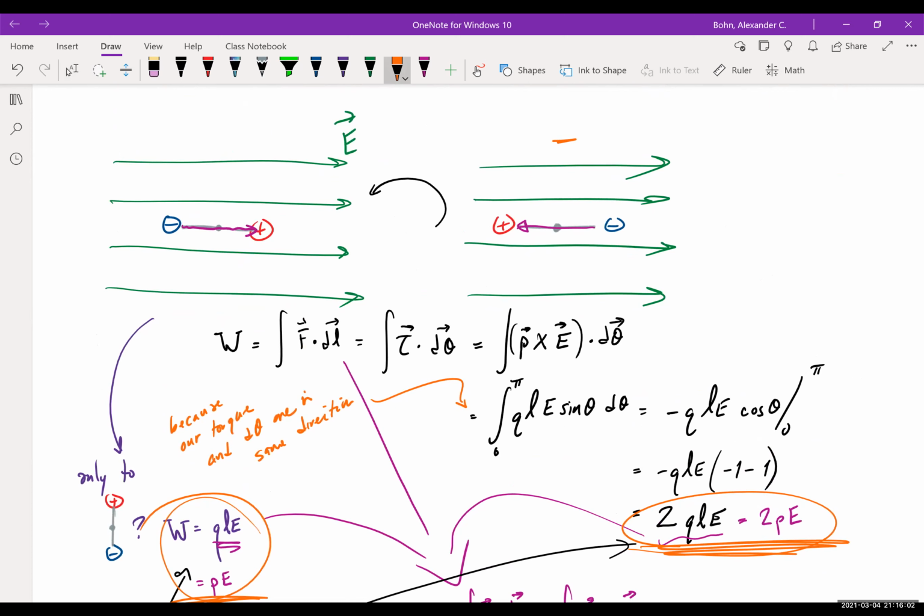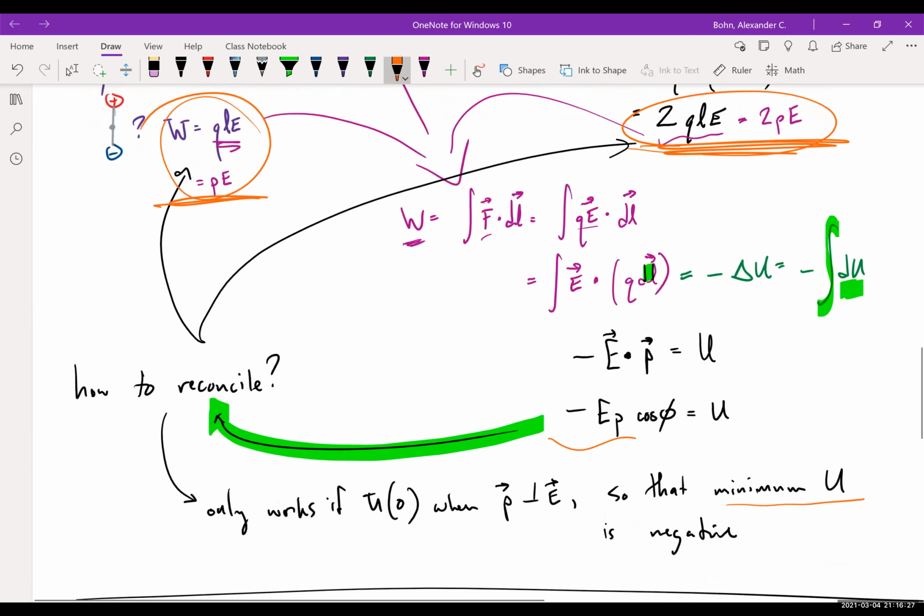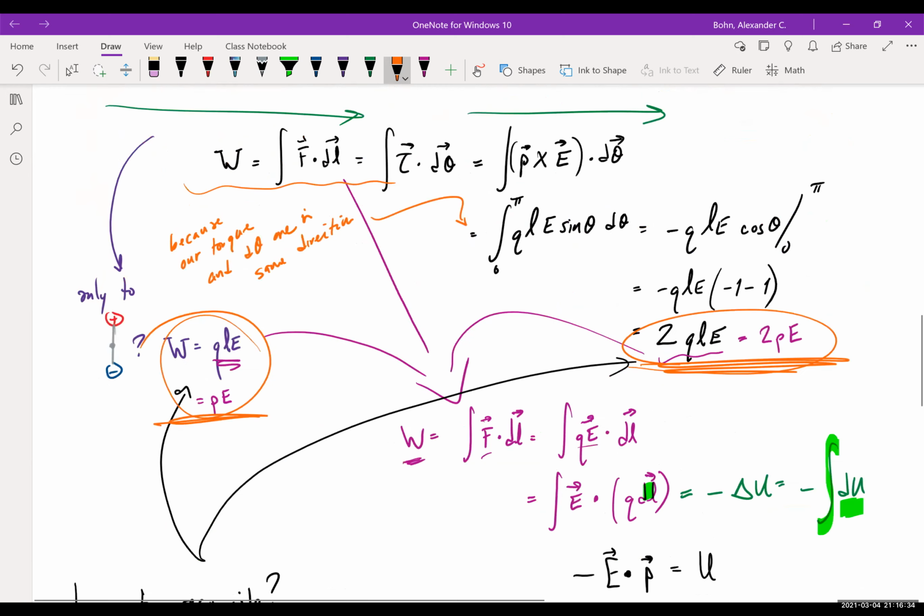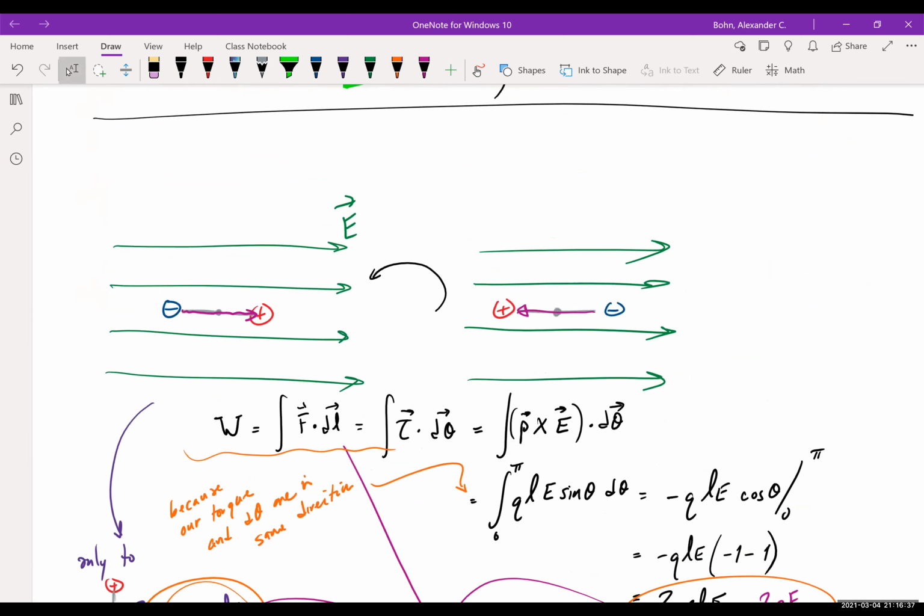Oh, I'm sorry. I've got it backwards because there's a minus sign at work here. Here I'm talking about the work that we do, and then here I'm talking about the work done by the field. I apologize for that.